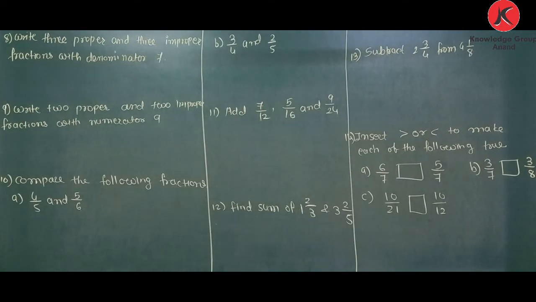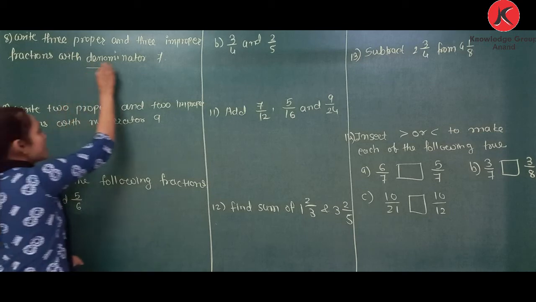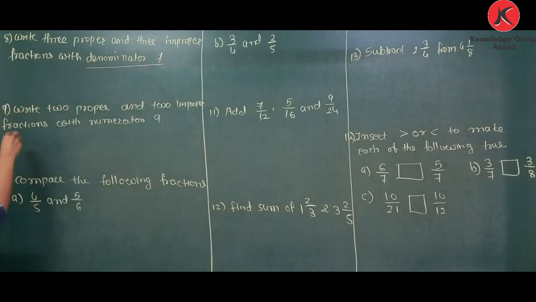Now next, example 8. Write 3 proper and 3 improper fractions with denominator 7. So let's write proper first. Denominator must be 7.